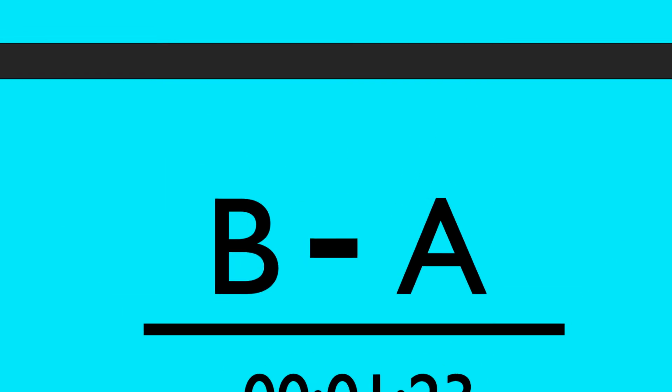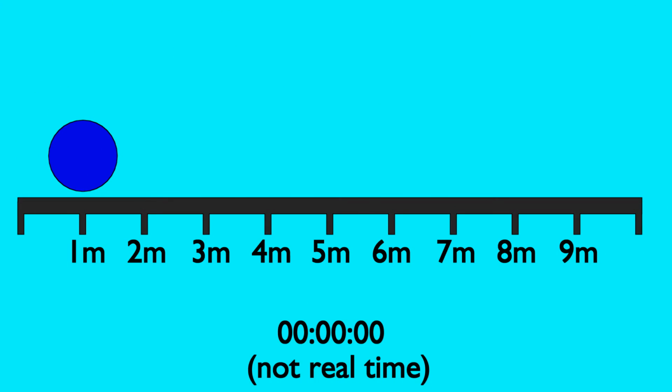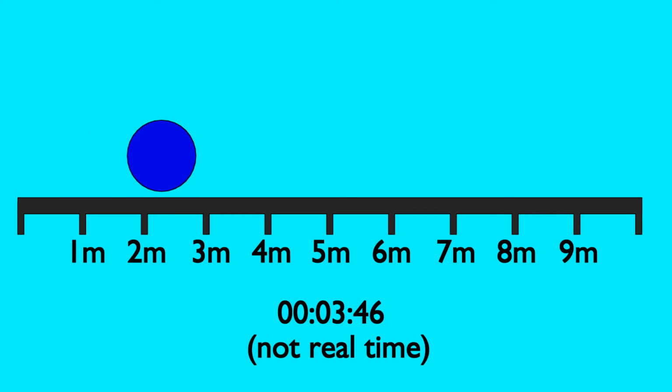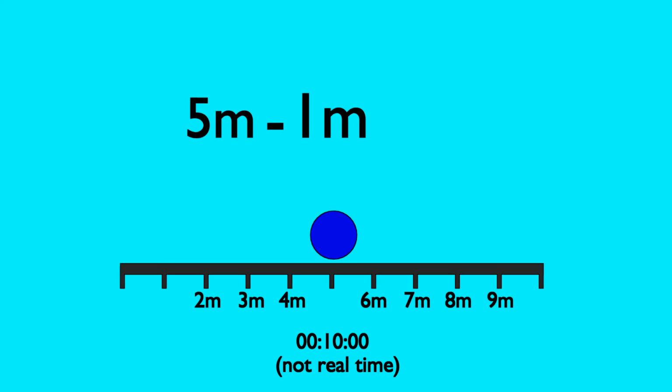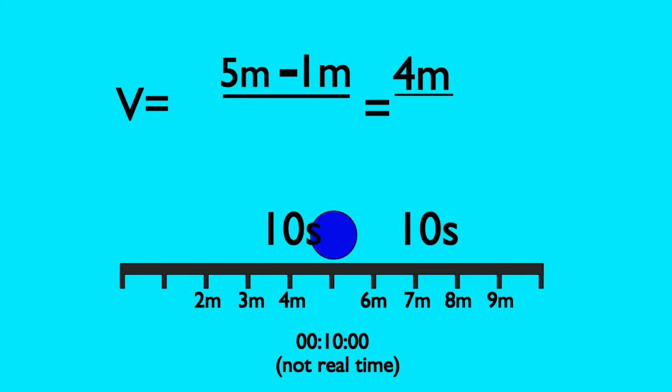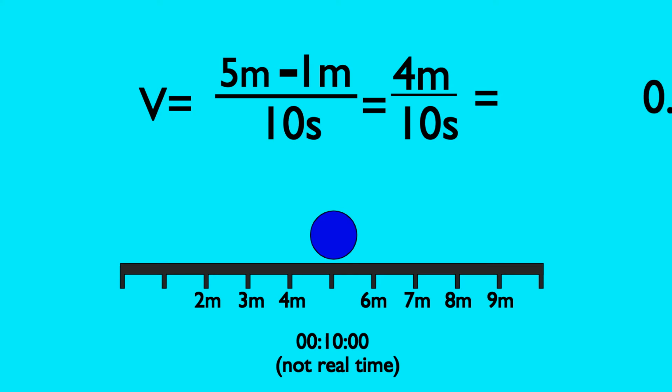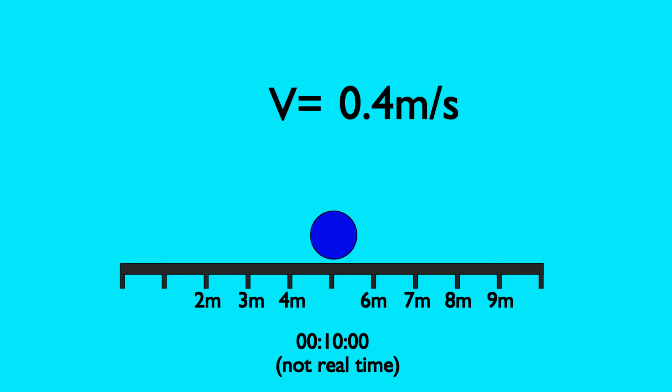As an example, if you see an object at 1 meter and then you see it at 5 meters 10 seconds later, then it went 5 minus 1 equals 4 meters divided by 10 seconds, that gives 0.4 meters per second. That's your velocity.